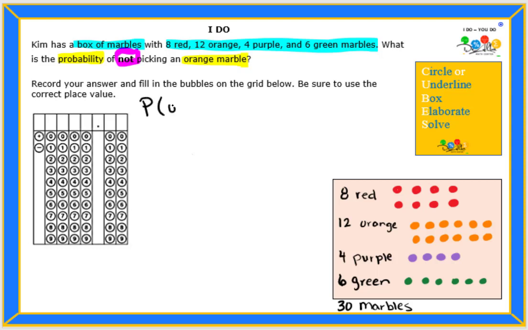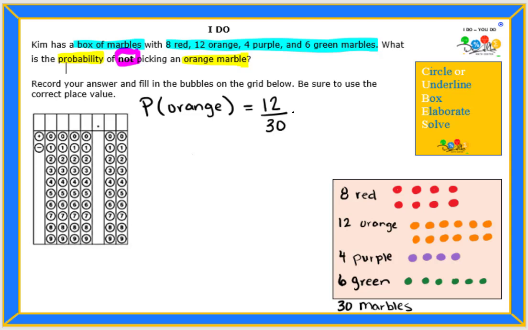So the probability of selecting an orange marble from the box is, let's look at the orange marbles. There are 12, and we have a total of 30 marbles in the box. Now let's see if we can simplify this fraction. So we are thinking of the factors of 12 and the factors of 30 to find a common factor.